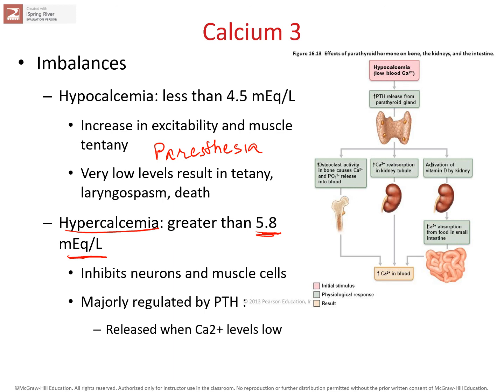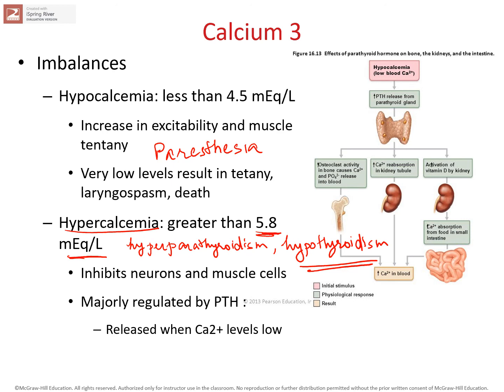So hypercalcemia is caused by hyperparathyroidism and also by hypothyroidism, because hypothyroidism affects the secretion of calcitonin from the thyroid gland.